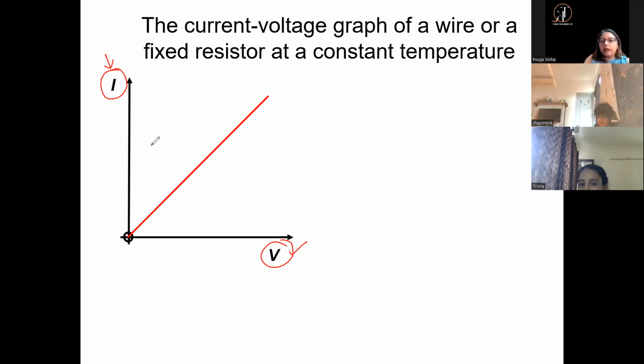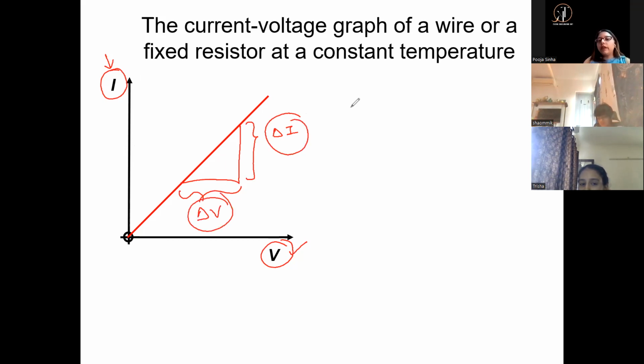अब आप खुद सोच के बताओ मुझे कि जब आप यहाँ का ग्रेडियंट निकालोगे तो यहाँ change in y हमेशा क्या मिलेगा? हमको डेल्टा I मिलेगा, राइट? और यहाँ change in x हमको क्या मिलेगा? डेल्टा V मिलेगा. So the gradient would become I upon V, and I upon V is not R. I upon V is 1 upon R. So बहुत ध्यान से, ये मिस्टेक बहुत बच्चे करते हैं.